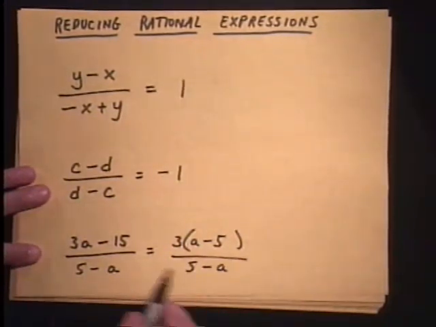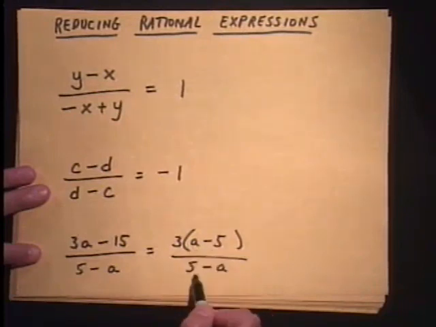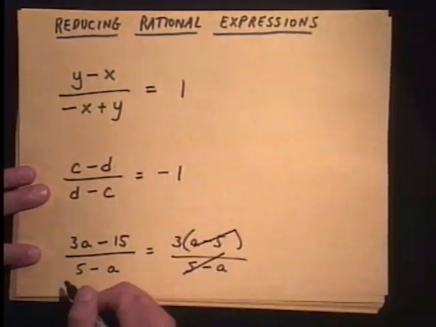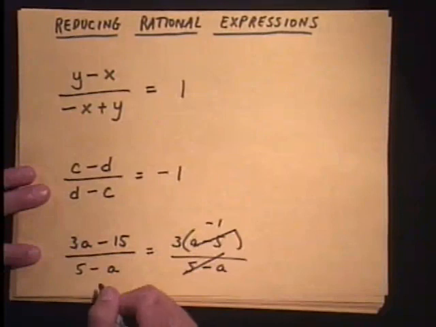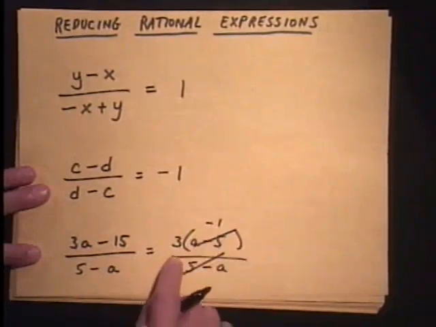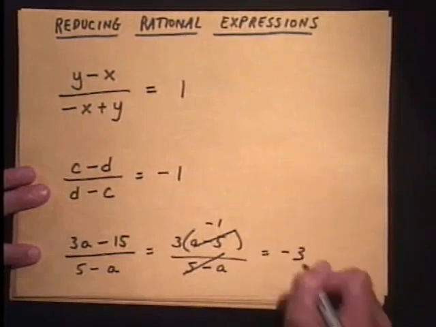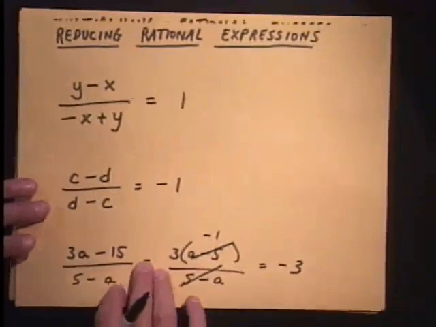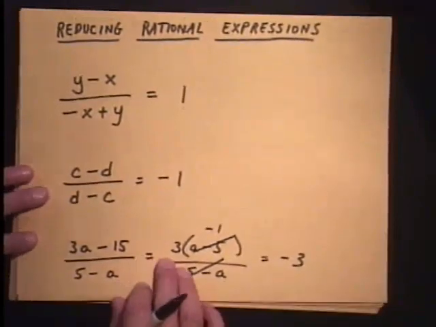So yes, I could cross cancel the a minus 5 and 5 minus a. So again, these are opposites, and when you reduce them, be careful. This reduces to a -1. So what we're left with is a -1 when we cancel these opposites times 3 for a final answer of -3. All right, so that's reducing rational expressions.